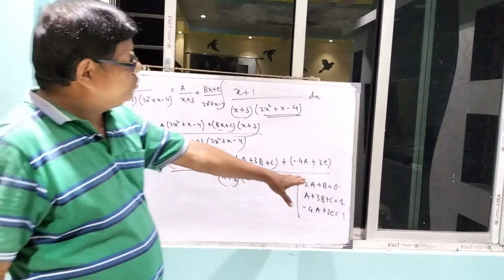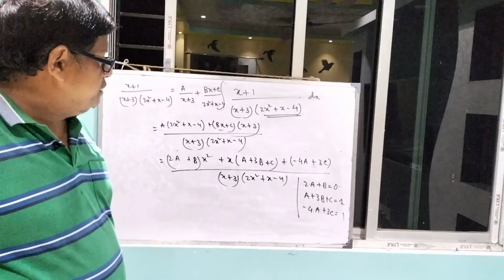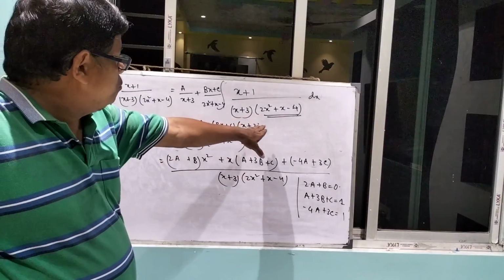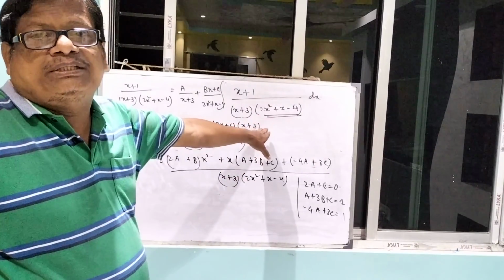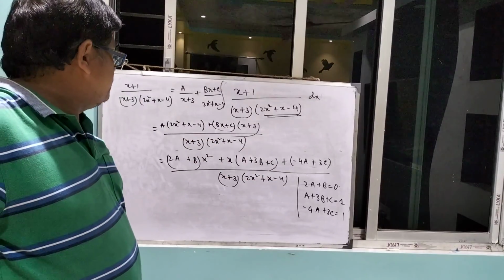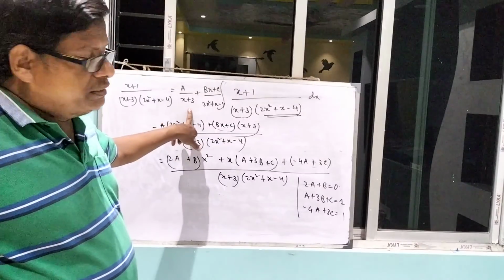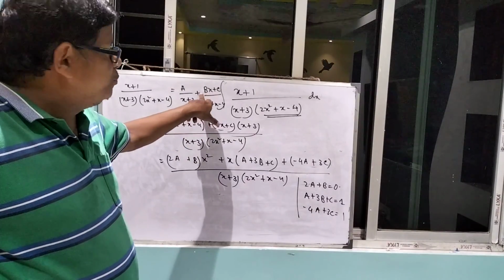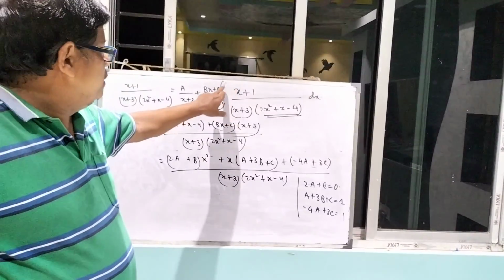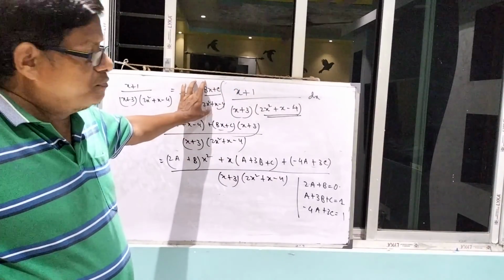Now you solve these three equations. You will get the value of a, b and c. Just put the value of a, b and c, and then you have to integrate the function. You will get it easily solved.